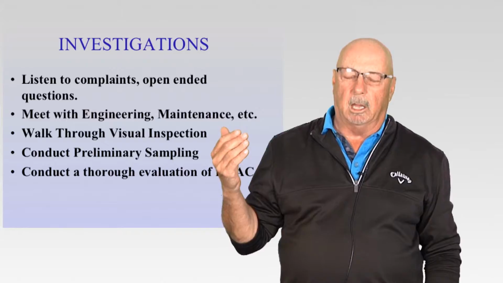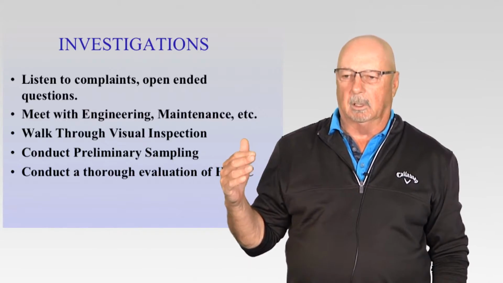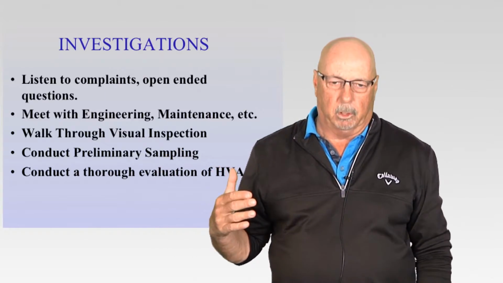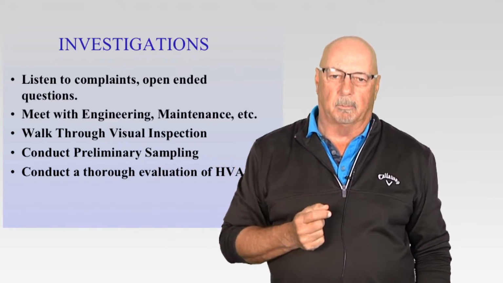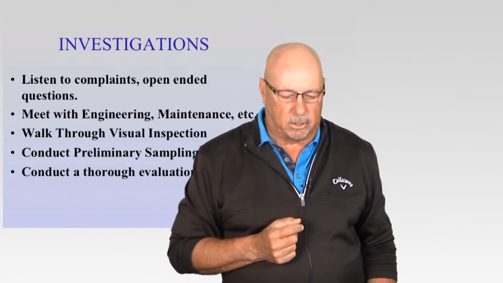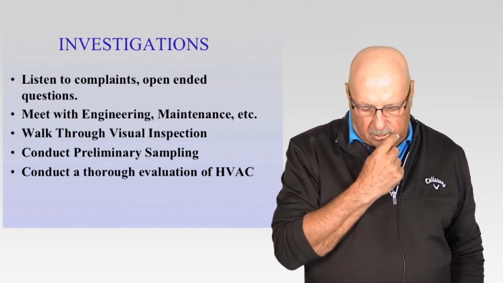And if we measure carbon dioxide at levels greater than 1,000 parts per million, then that's an indicator to us that probably we're not bringing in enough outside fresh air, and we need to make some adjustments there.